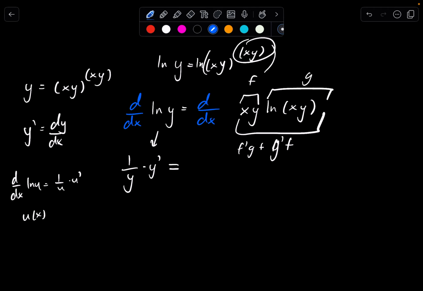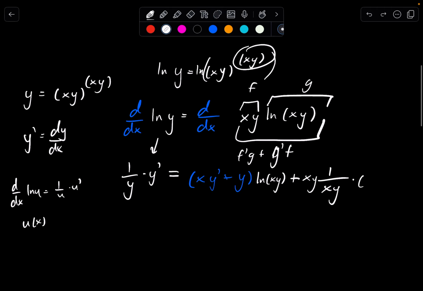We get the derivative of xy, that would just be x y prime plus y, because we have x as it remains multiplied by the derivative of y, plus y times the derivative of x, which is just 1. And then we have ln of xy plus then xy, and then what's the derivative of ln of xy? That's just 1 over xy times the derivative of xy.